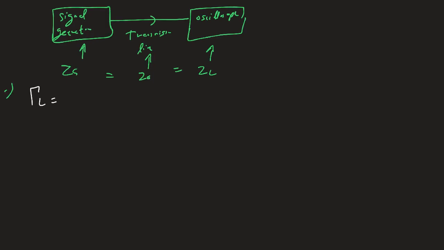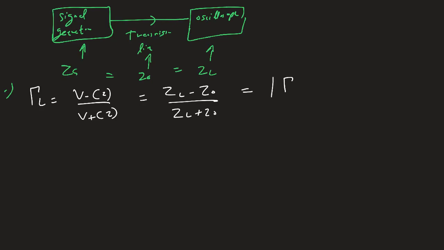Now, this factor gamma L is obviously equal to V minus of z over V plus of z at z equal to 0. So this becomes equal to, as we've seen, ZL minus Z0 over ZL plus Z0. Now, in general, ZL and Z0 are complex numbers.